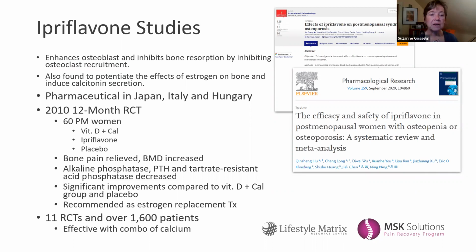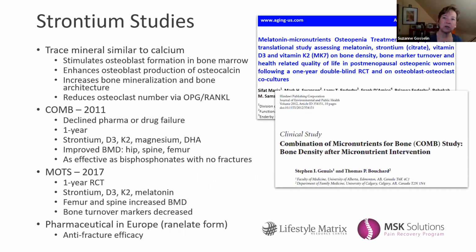Since then, there have been 11 more studies with over 1,000 patients showing the benefits of ipriflavone in combination with calcium. And then finally, strontium is a trace mineral that's very similar in its chemical structure to calcium.